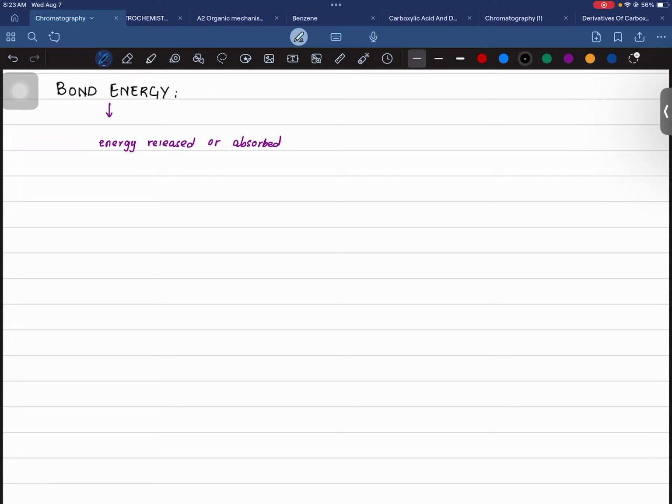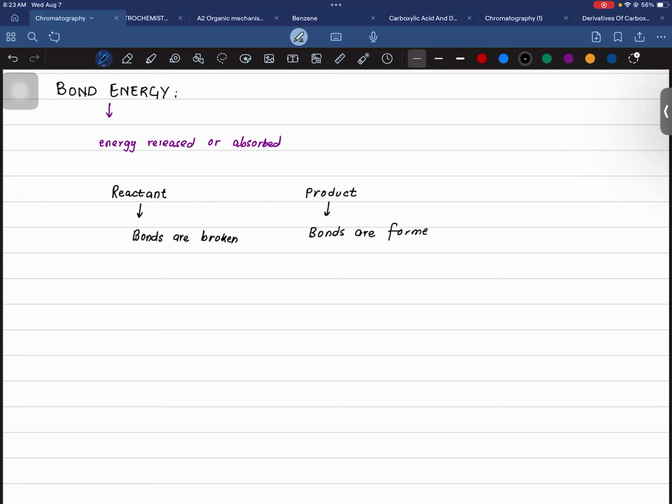I'm repeating, this is very important: in reactants, bonds are broken. In the product, bonds are formed.